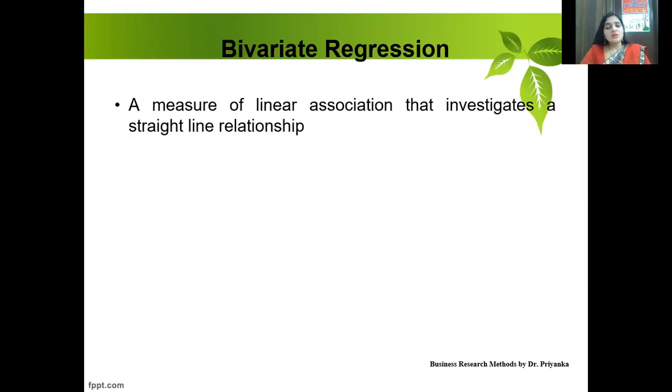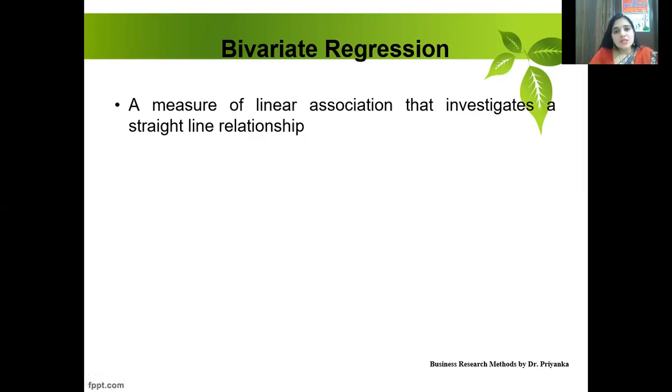After correlation, we generally go for regression analysis. If you want to check one variable's impact on another variable, then you will go for regression. But before regression, you always have to check correlation among the variables, to check whether they are even associated or not. If the variables are not associated, you will not go further to check regression, right? Regression is a measure of linear association that investigates a straight line relationship.